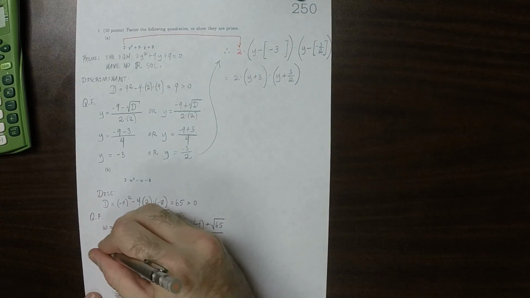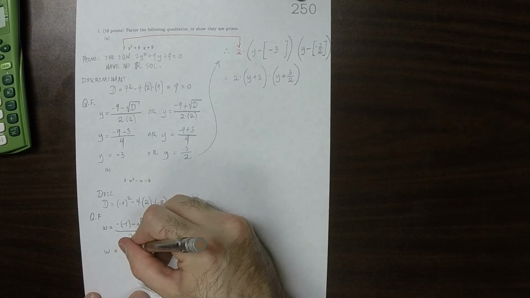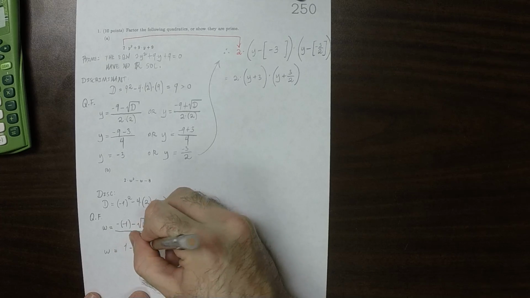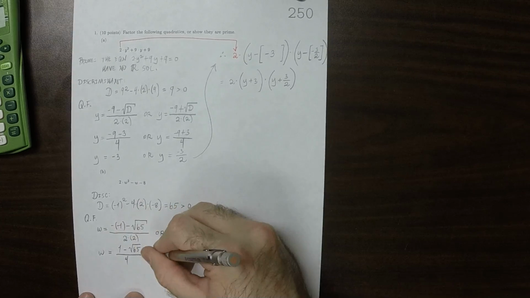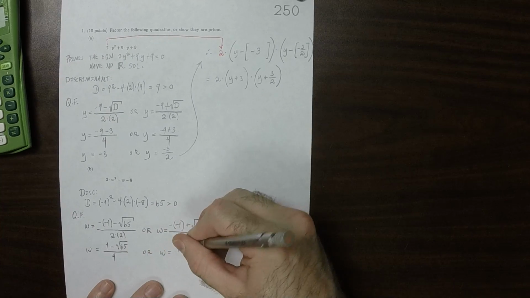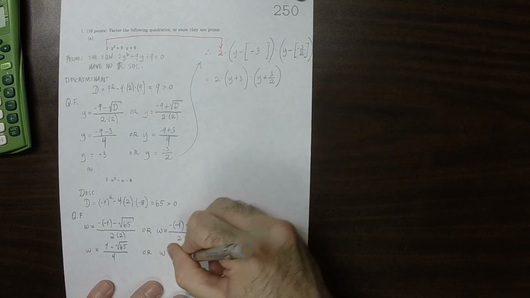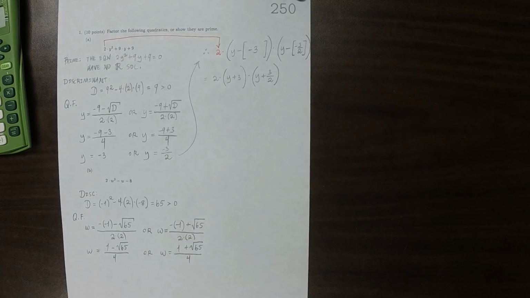So w could be 1 minus the square root of 65 over 4. That's one possibility. And the other possibility is that w could be 1 plus the square root of 65 over 4.